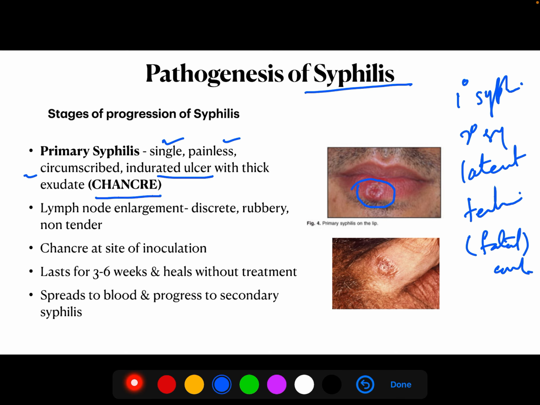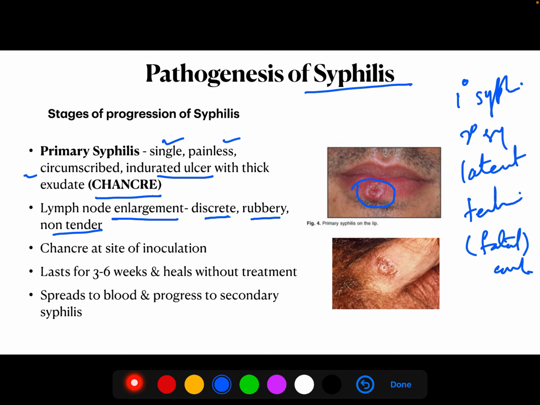They are painless and present singly, and they have a very thick exudate which is rich in spirochetes. Multiple lesions are seen in HIV infected people. Along with that, the lymph node is also infected, and there is lymph node enlargement, where you can see discrete, rubbery and non-tender lymph nodes upon palpation.